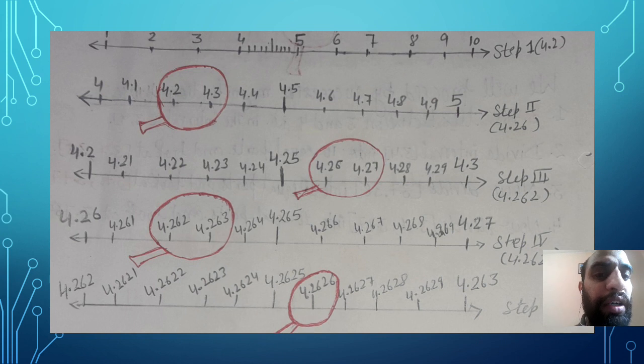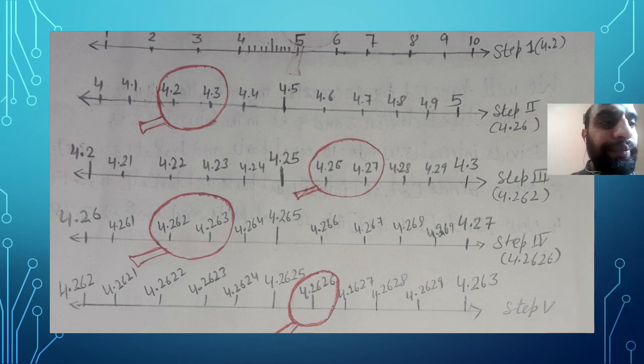After dividing this also into 10 equal parts, you can easily watch in step number 4. 4.26 I have written in one corner and 4.27 in the last corner. Divide into 10 equal parts. That means 4.261, 4.262, 4.263, 4.264, 4.265, 4.266, 4.267, 4.268, 4.269 and 4.27 is the last.